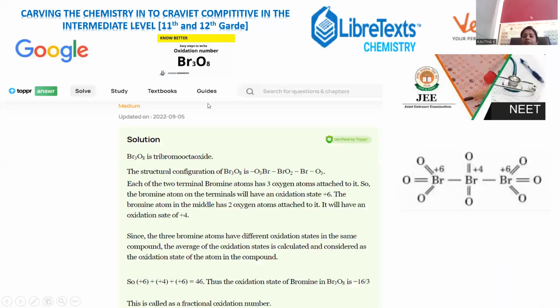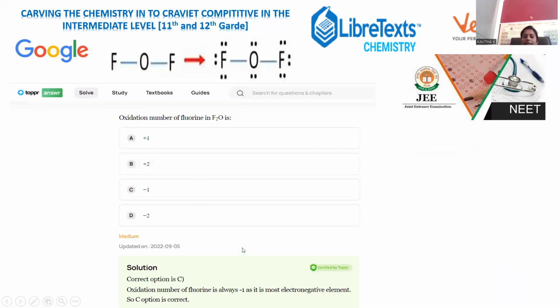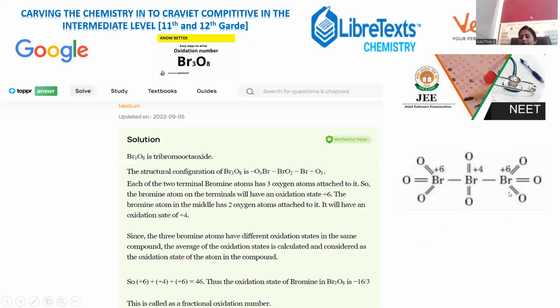For that purpose, first of all, we take Br3O8. This is the answer collected from the topper. Br3O8, when considered, can exist as BrO3, BrO2, BrO3 like this. This is the way all the bromine atoms acquire charge. Bromine is surrounded by 3 oxygens, so let's take each oxygen as -2, and the balance is counterbalanced with +6 on the bromine.